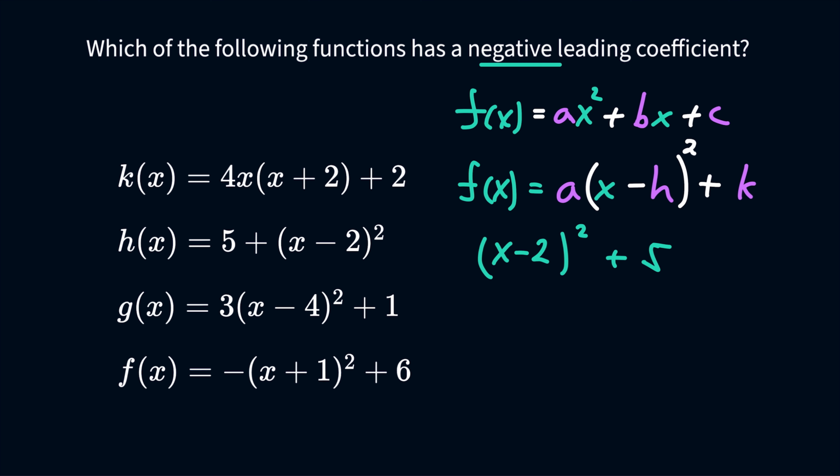Maybe I'll erase a little bit so that we can really see what's going on. So this 2, I'll put that in purple, is the h value. This 5 over here is really the k value, so I'll put that in purple.